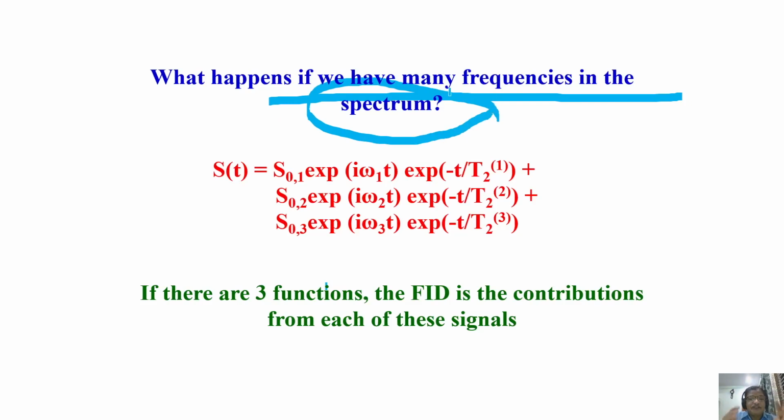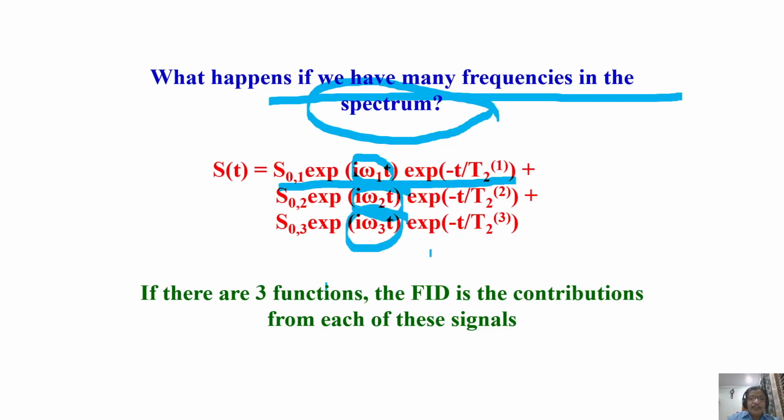Write down, let us say we have 3 frequencies in the time domain. We have worked out this example. The signal S(t) as a function of T2 is decaying. We wrote this expression. Now let us say this is for frequency 1. I have another time domain signal with the frequency omega 2. One more peak is there, and one more peak is there.